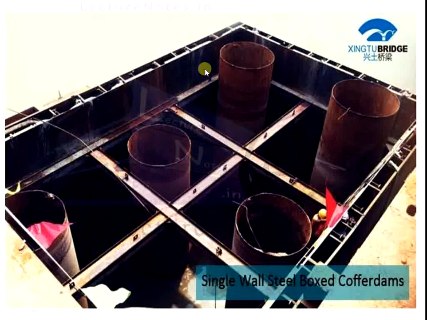This is the sheet pile material, a steel material, and this is the steel box cofferdam. The shape of the cofferdam depends on the nature of the work and also the area enclosed.